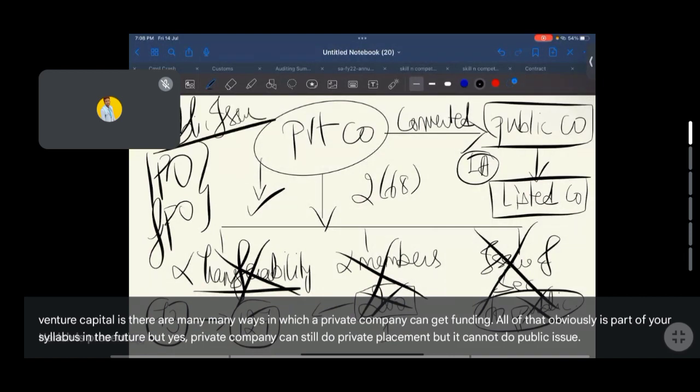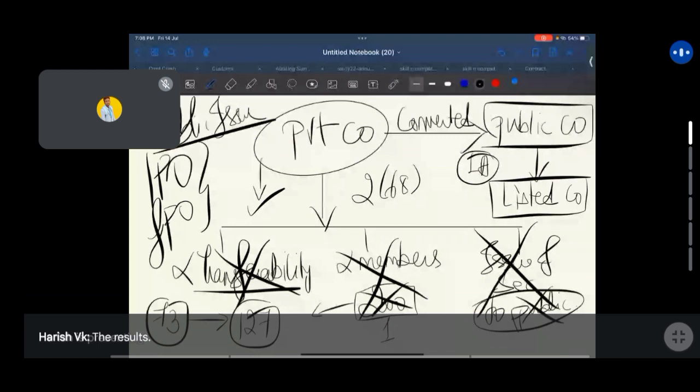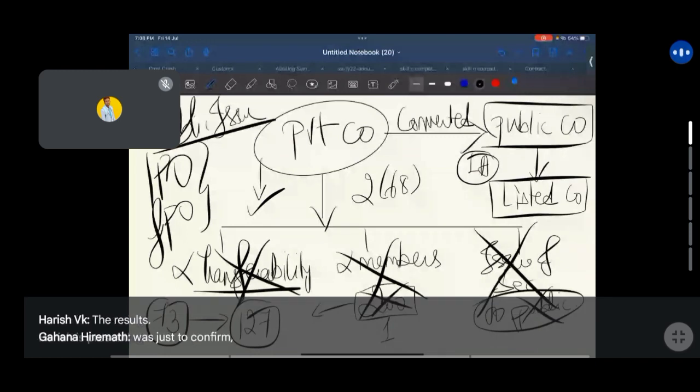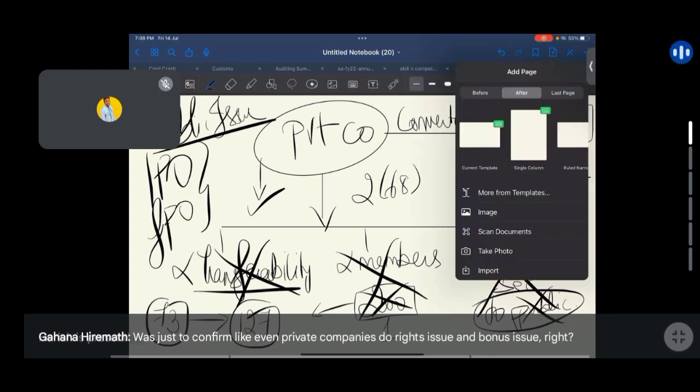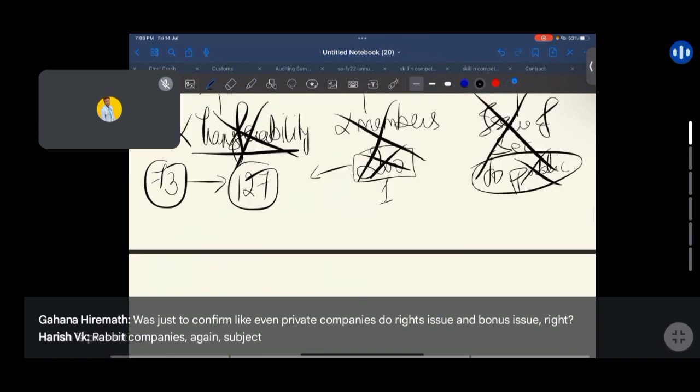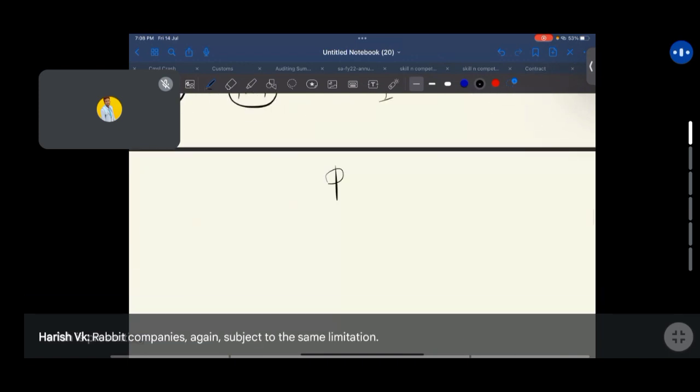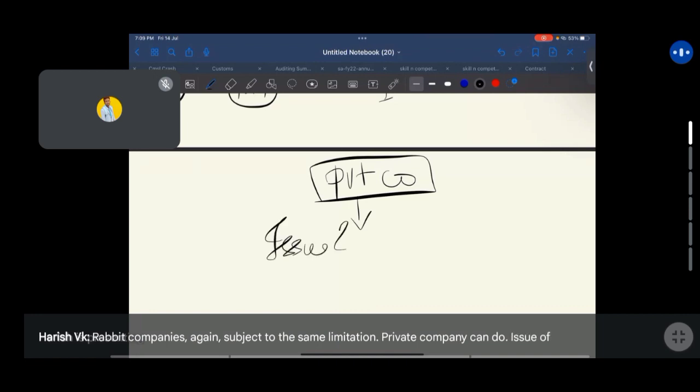Other doubts? Yes, so just to confirm, even private companies do rights issue and bonus issue, right? Private companies, again, subject to the same limitation. Private company can do issue of securities only to those 200 people.